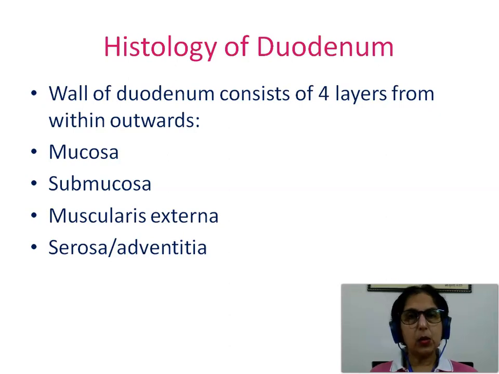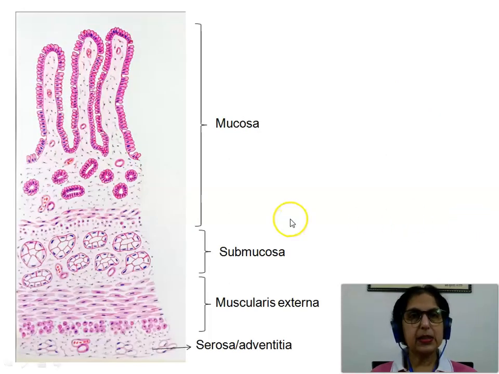Now we go on to study the important slide, that is histology of duodenum. Wall of duodenum consists of 4 layers from within outwards: mucosa, submucosa, muscularis externa, and serosa or adventitia. This here is a diagram showing the histology of duodenum.